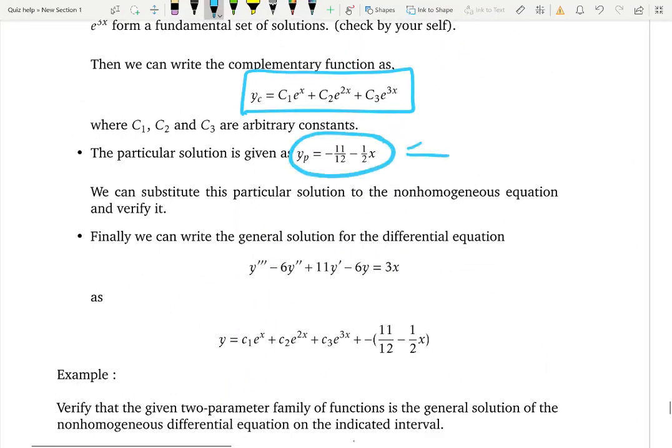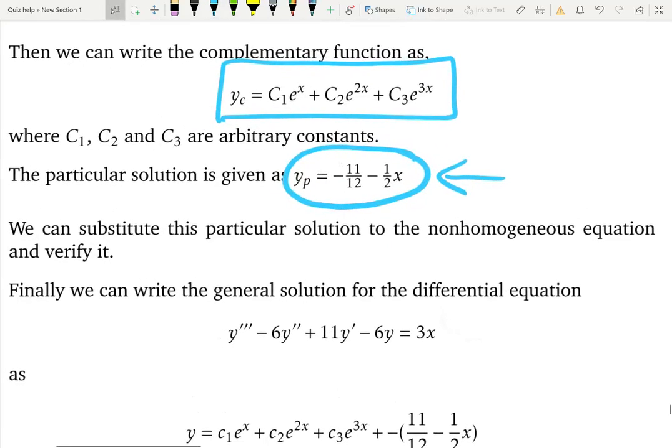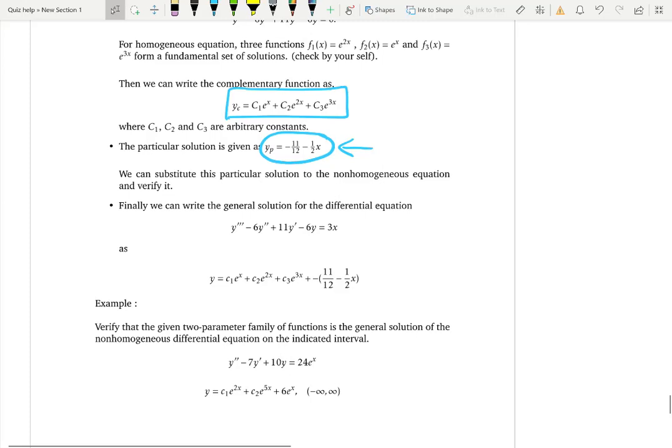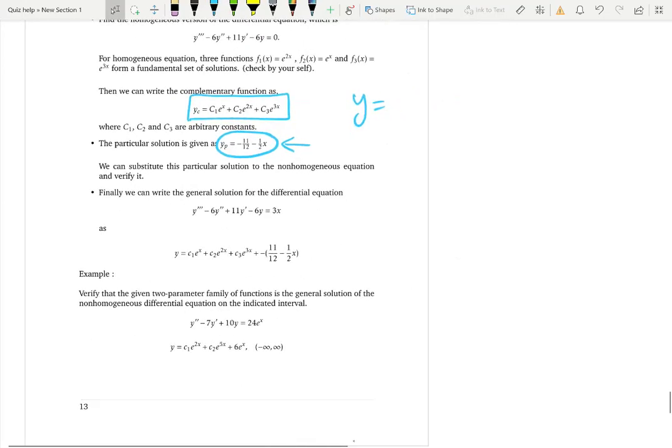So this one here, as you can see, do you see arbitrary constants? No, right? It is independent of c's, no arbitrary constant. So that is the particular solution, and I found it using that 3x. Alright, so then the solution for the non-homogeneous equation can be written as this one, the complementary solution plus the particular solution.